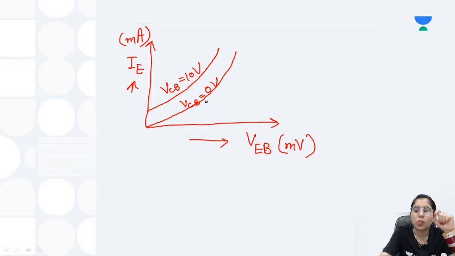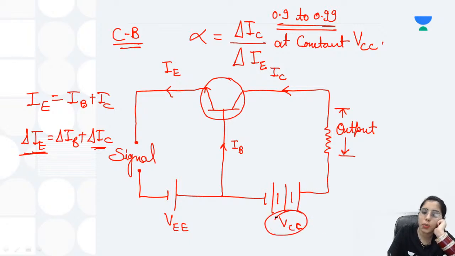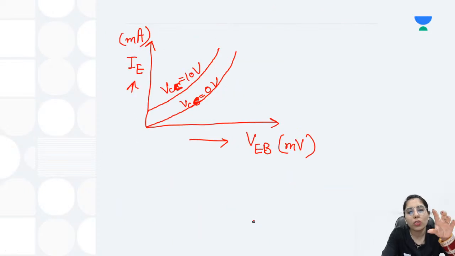So you can even call it the VCC. We have taken the VCC notation there. So when you are keeping this voltage constant, whether you set it at 10 volts or 0 volts, you will be able to see the relation between the emitter current and the emitter base voltage this way. Okay, where you have kept the VCC or VCB constant.